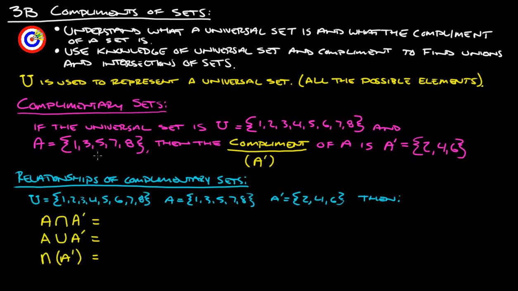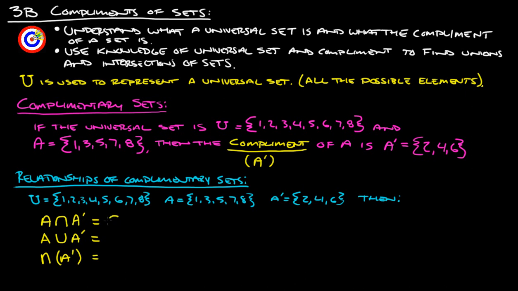Let's take the sets that we just used in the previous example: universal set, set A, and the complement of set A. Using that, if you take set A and you find the intersection of set A with the complement of set A, whatever is in common with these two sets, again, the whole idea of the complement of set A is that it's all the parts of the universal set that weren't covered in A.